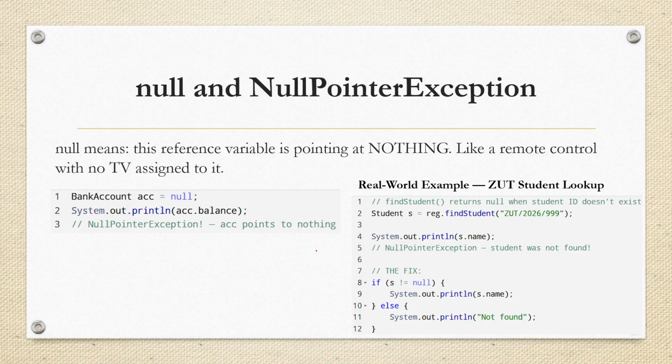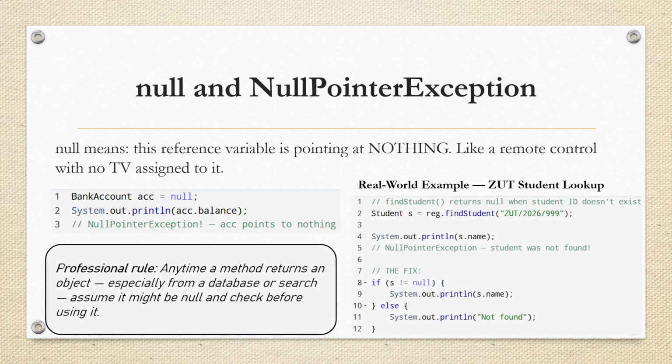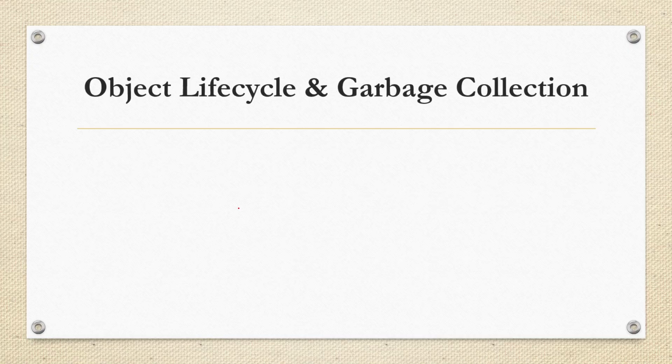This is a professional fix, and when you do this, you are writing code very professionally. This is just the rule: anytime a method returns an object, especially from a database or search, assume it might be null and check before actually using it. It's something you would want to do a whole lot.